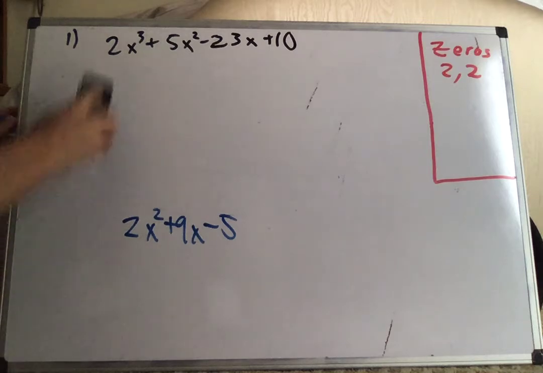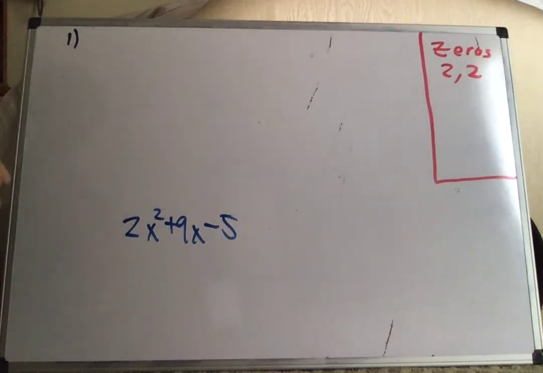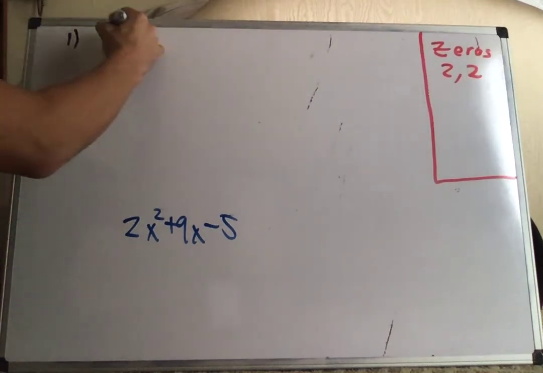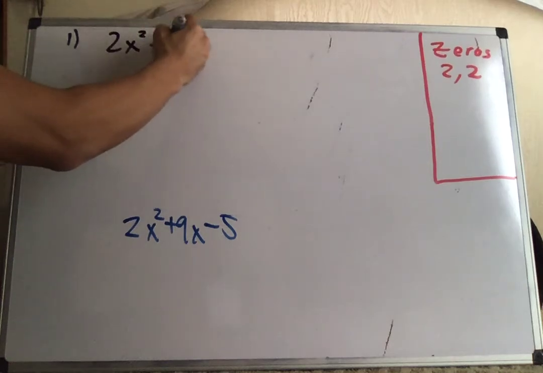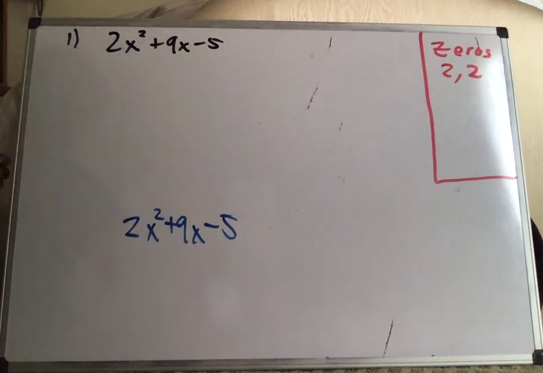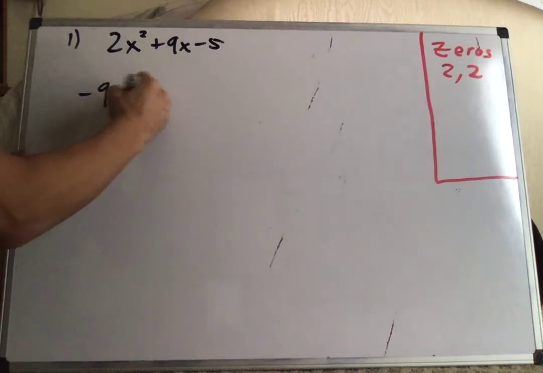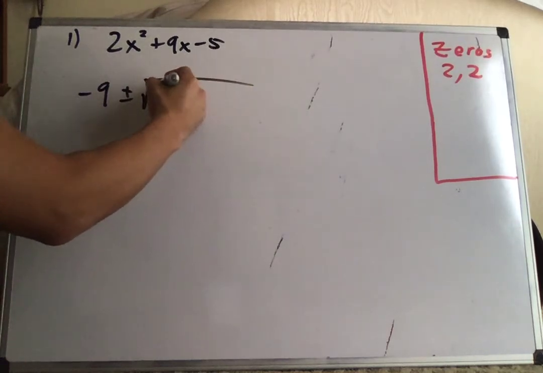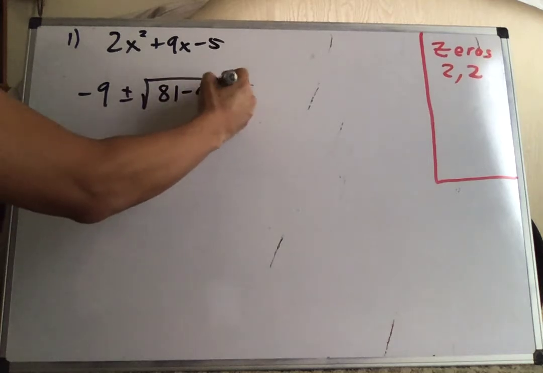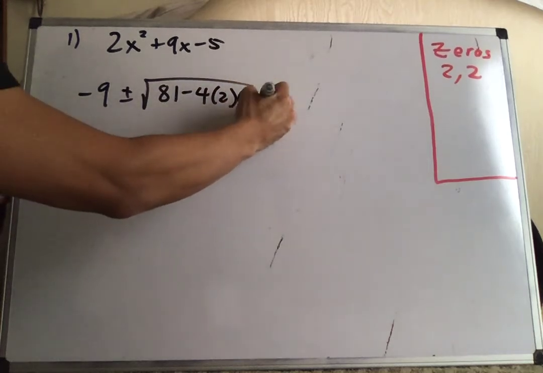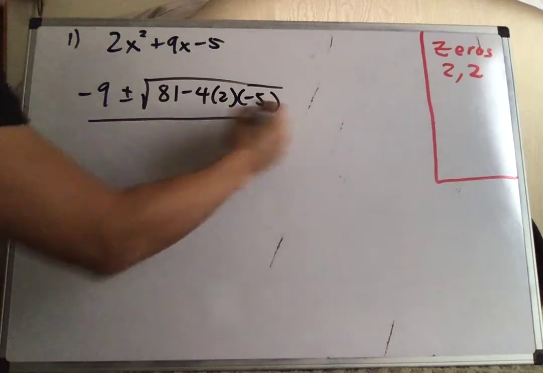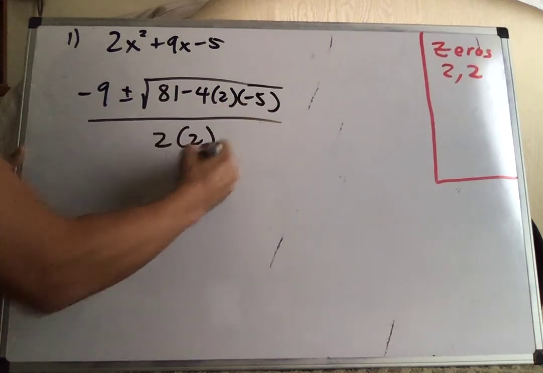Okay, so let me just copy that down at the top. All right, we're going to stick that into the quadratic equation. That's negative b plus or minus the square root of b squared, which is 81, minus 4ac, which is negative 5, all over 2a, which is 2 times 2.